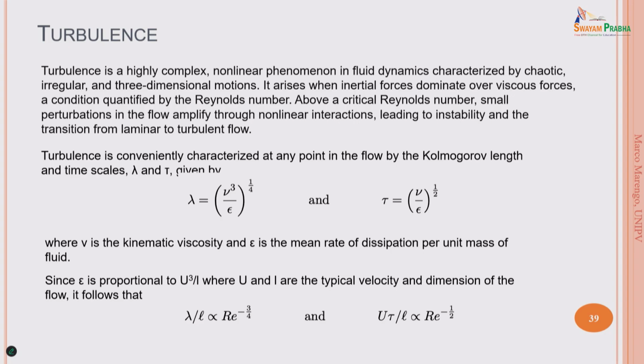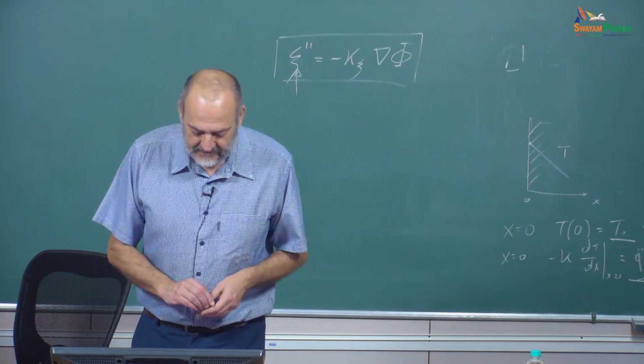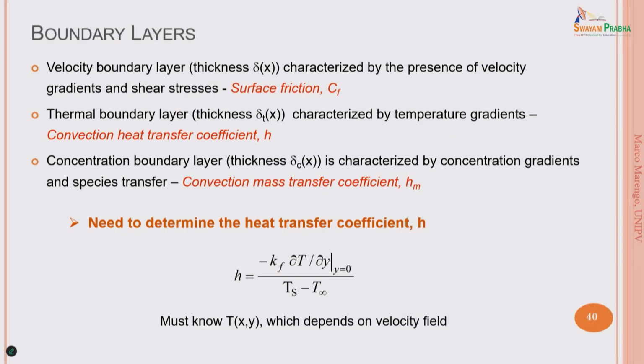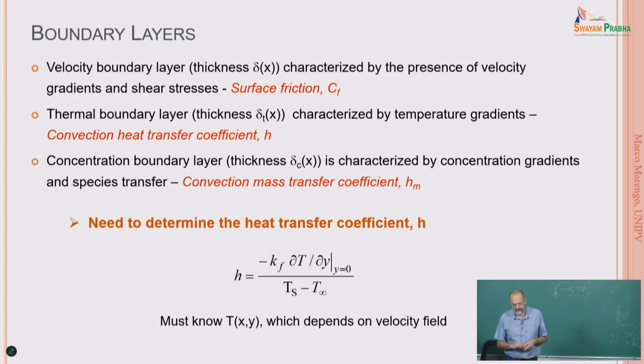And in terms of time, the mean velocity of the flow multiplied by the turbulence time scale, divided by this length, is in fact proportional to 1 over the square root of Reynolds. This is not too bad, but still very complex, and I'm not entering into this field.